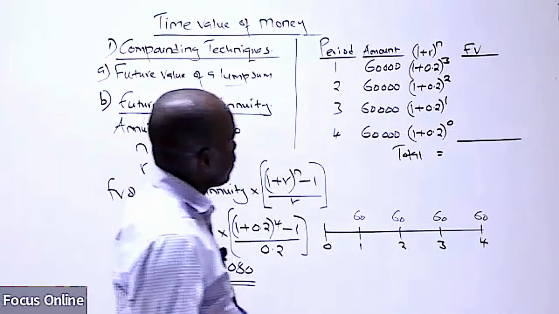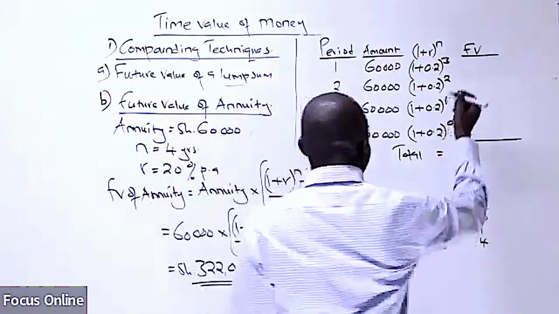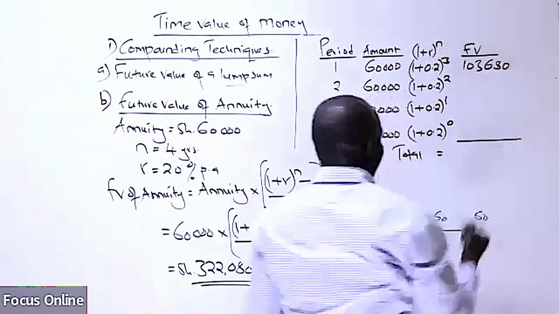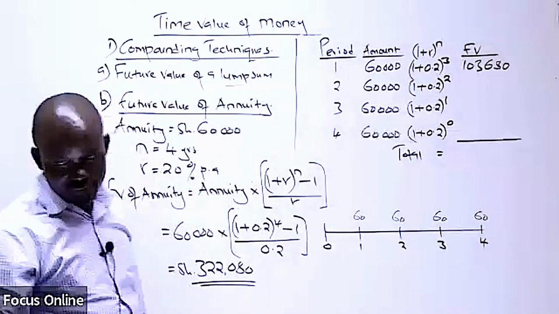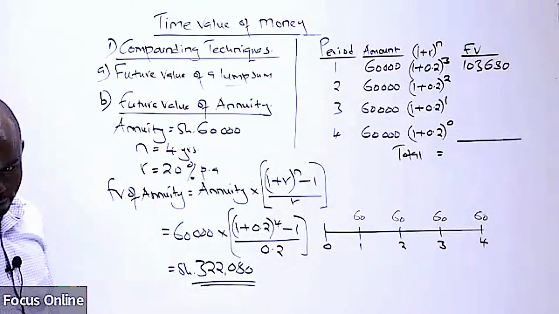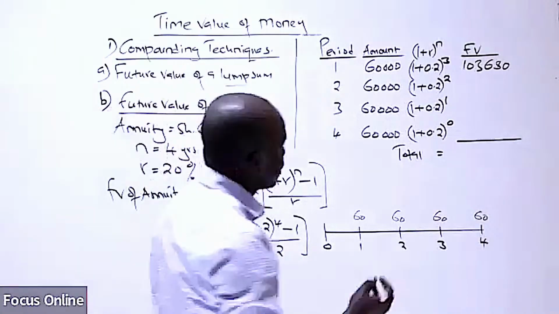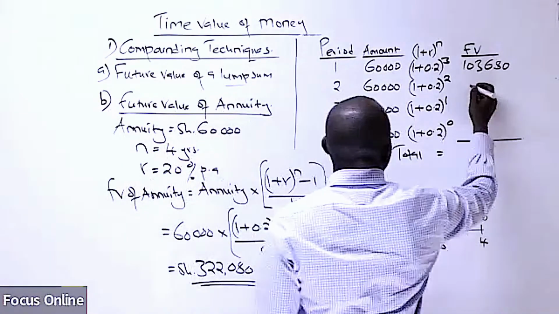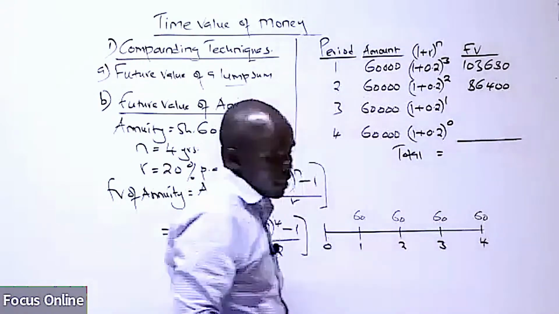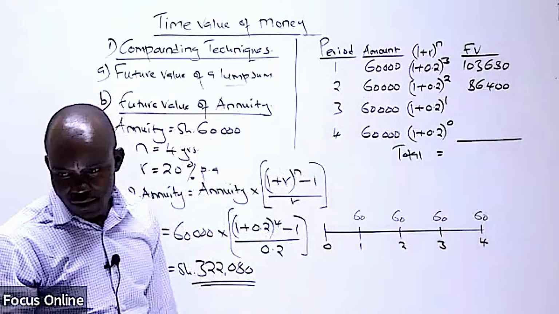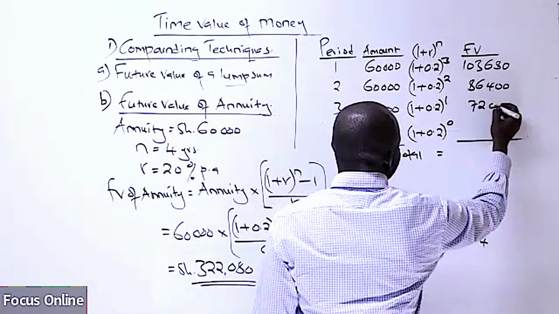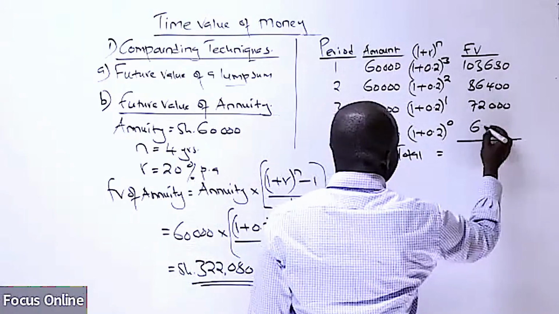So 103,680 must be the first one. Then 86,400, 72,000 and 60,000.